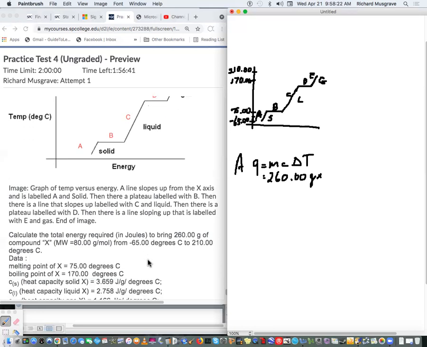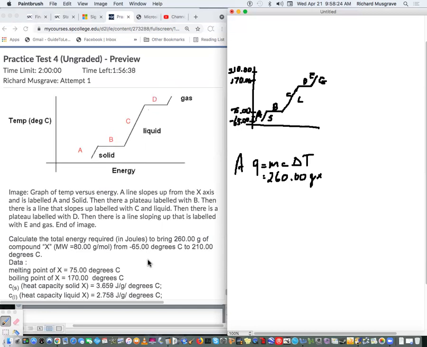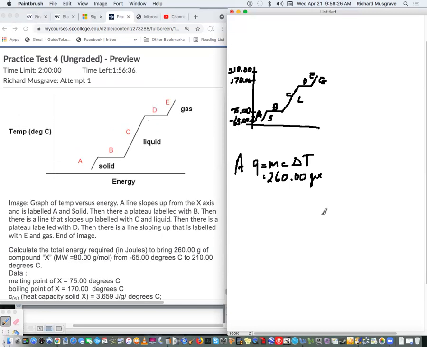That's given to us as well: 3.659 joules per gram per degree Celsius. And the delta T is going to be the change in temperature from minus 65 up to 75, which is going to be 140.00 degrees. So we do the math on that.